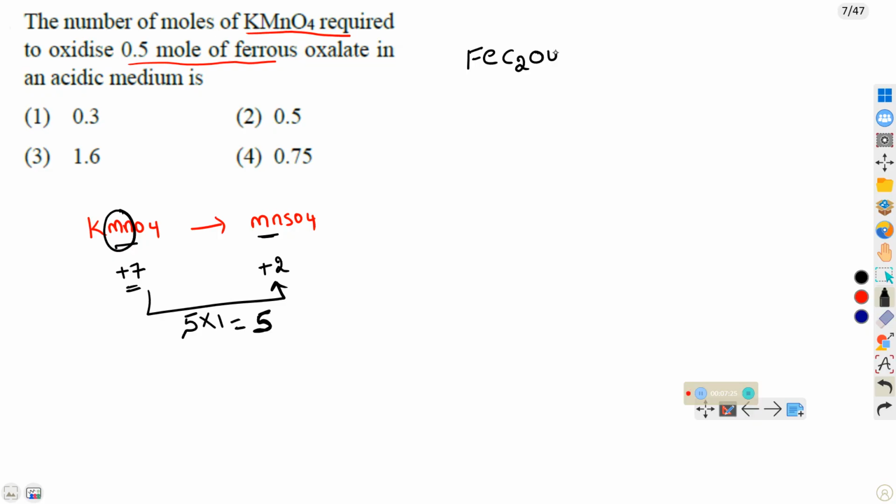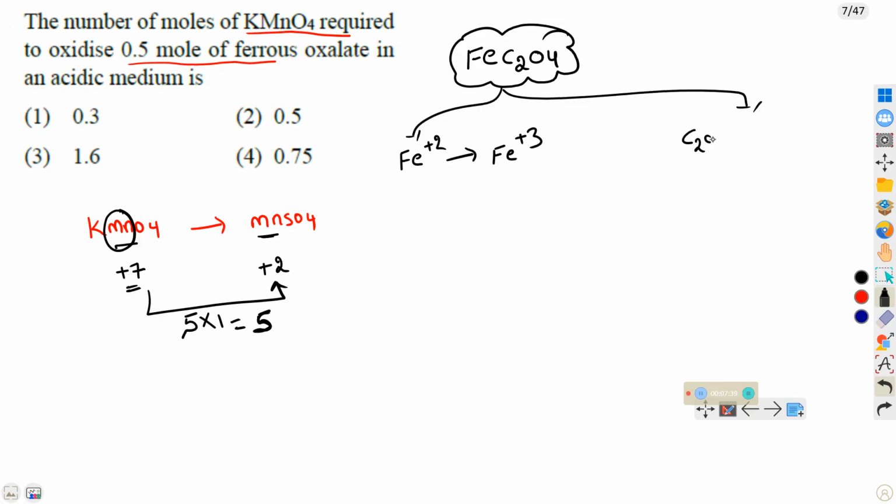Ferrous oxalate, FeC2O4. This is ferrous oxalate. Ferrous salt is converted to ferric salt. Oxalate ion is converted to carbon dioxide. Now calculate. In a molecule, 2 different atoms undergo oxidation. Iron goes from +2 to +3.